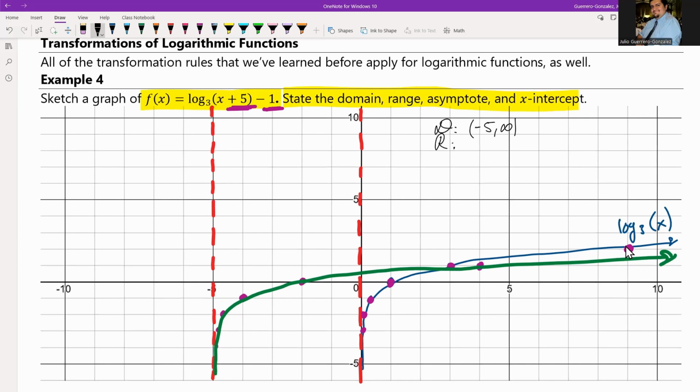My range is still -infinity to infinity. It goes from all the way down below, I forgot to put the arrows on it, all the way up.